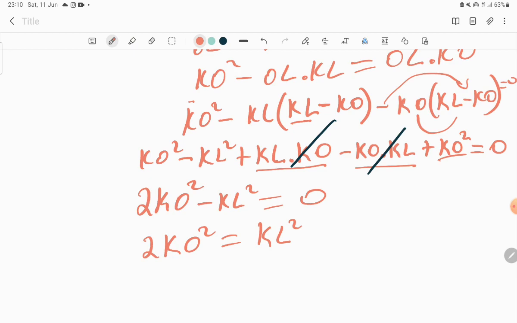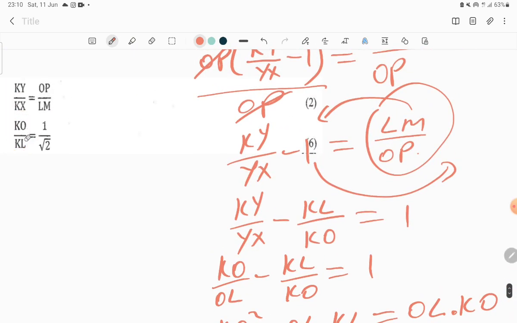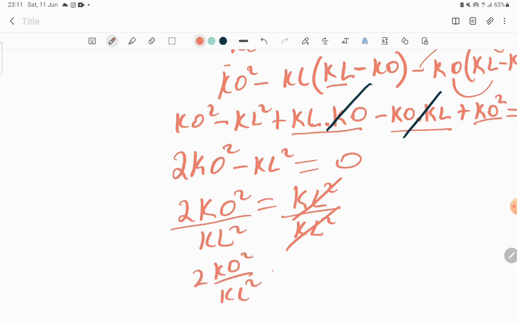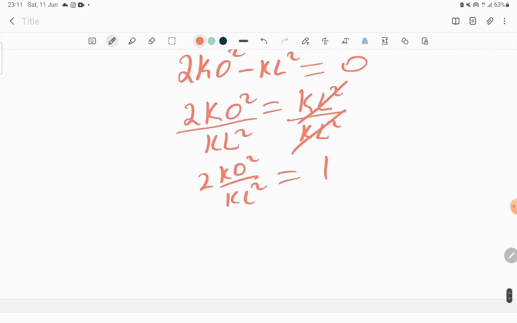Now let's go back and check. Let's divide by KL squared divided by KL squared. Then you will be left with 2KO squared divided by KL squared is equal to 1. Then we divide both sides by 2, and you'll have KO squared divided by KL squared is equal to 1 over 2.